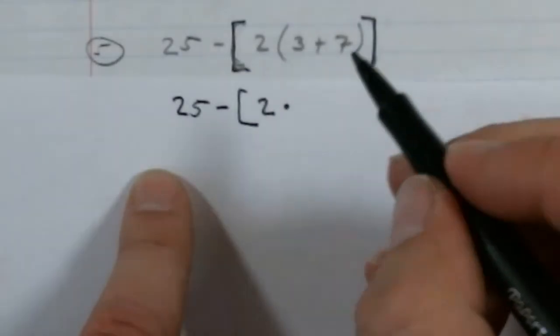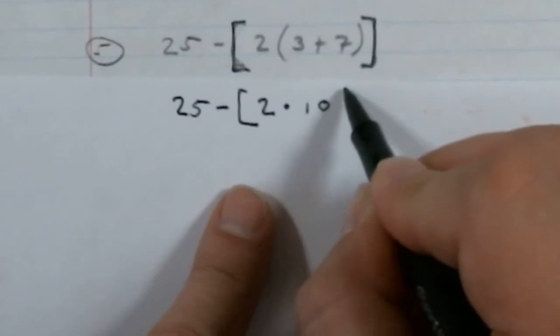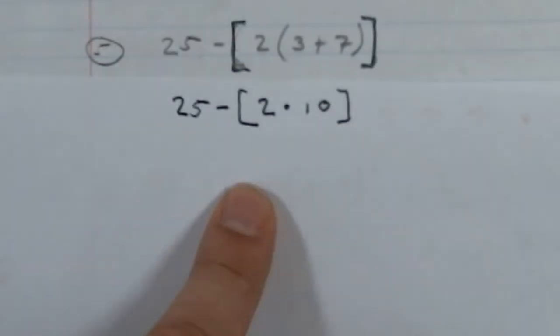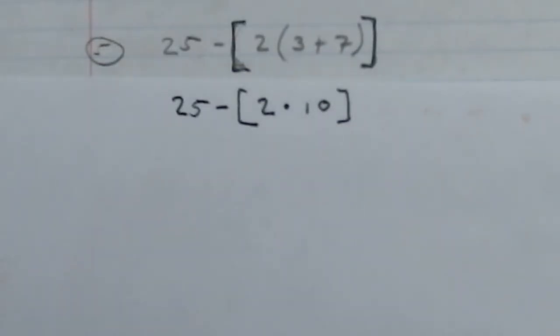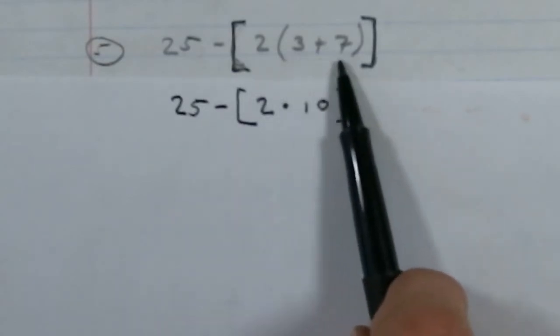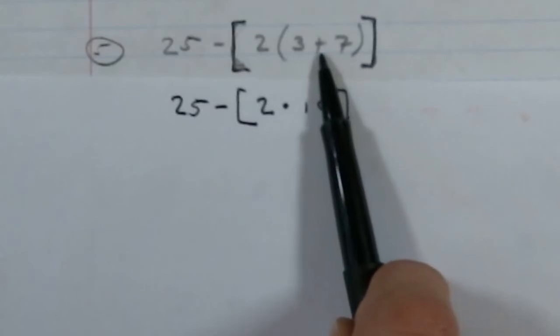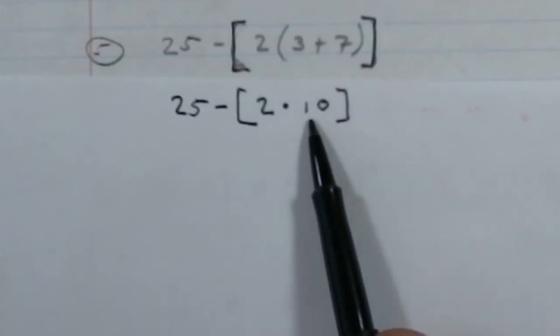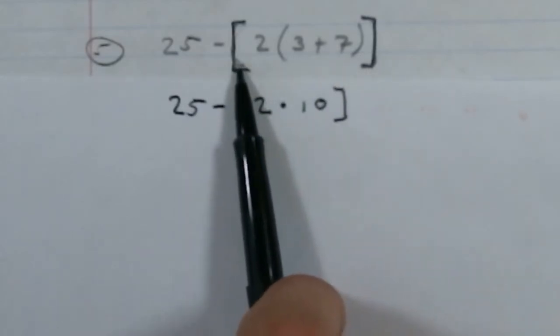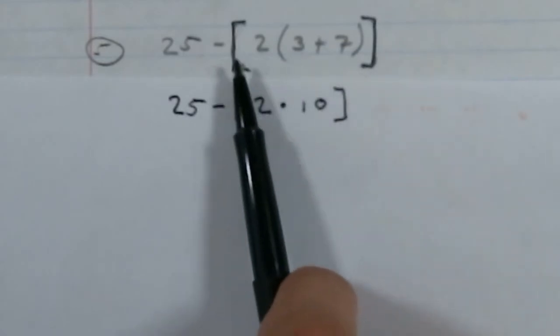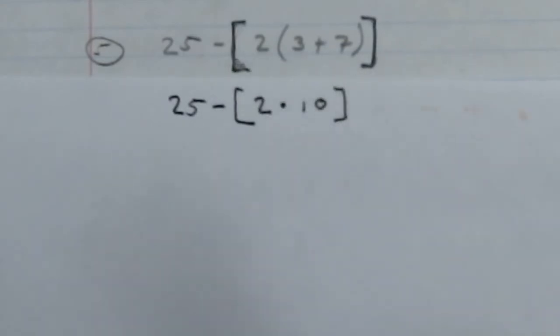Well, 3 plus 7 is 10. Close bracket. So really all you did is add inside the parentheses and you got 10. And look how you didn't use the bracket yet, because that's the next step. That's kind of like two parentheses into it.